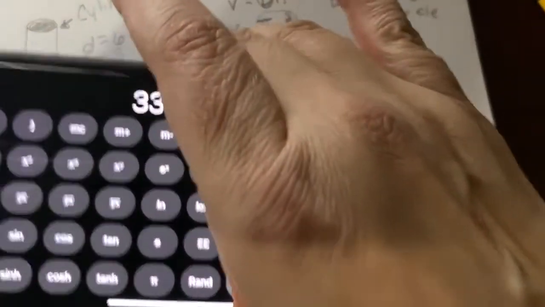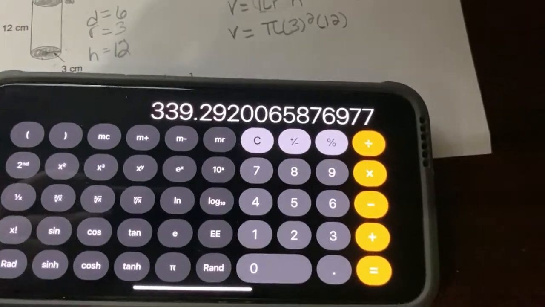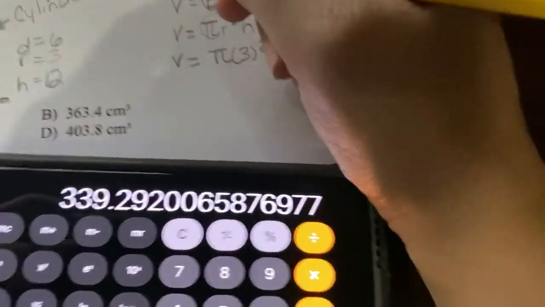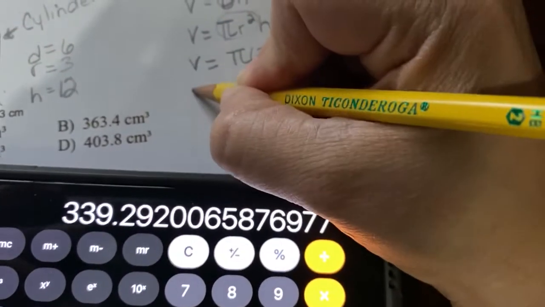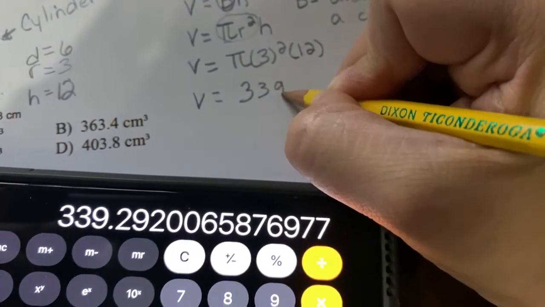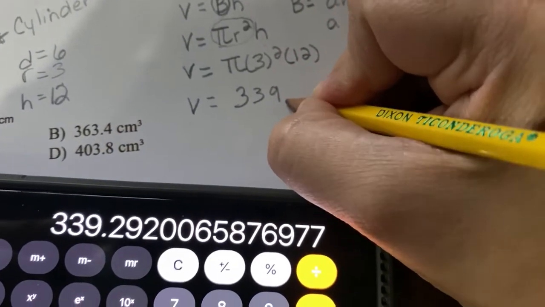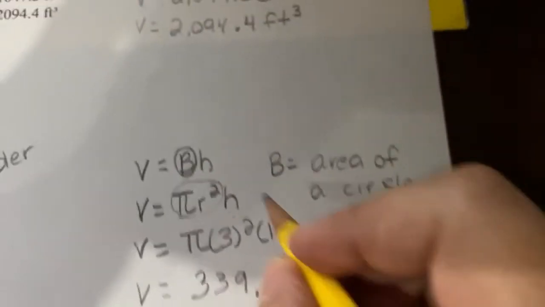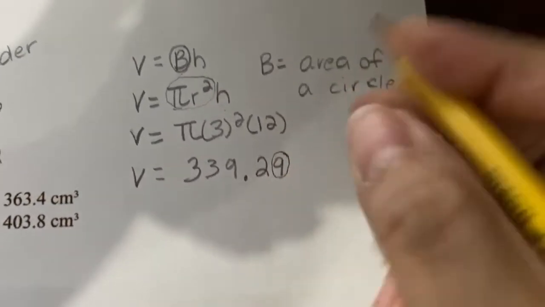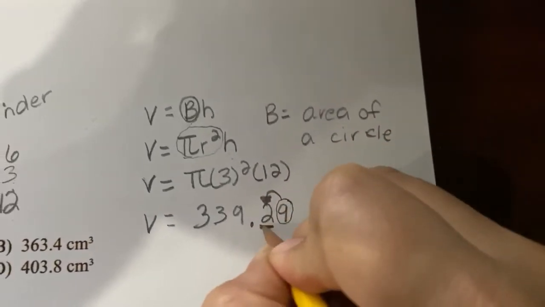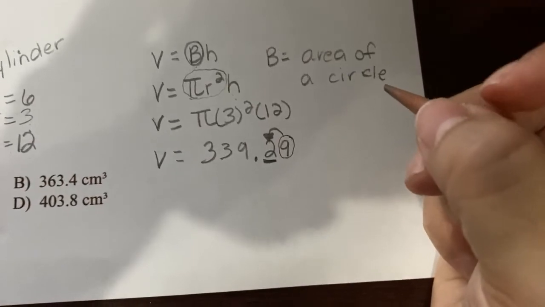And so I'm going to go ahead and round again. So I'm going to write down 2 places after the decimal, which is 339 and 29 hundredths. Once I write that down, I can circle my hundredths place, and I'm circling it because that's the number that is going to tell my tenths place to stay at a 2 or go up to a 3.